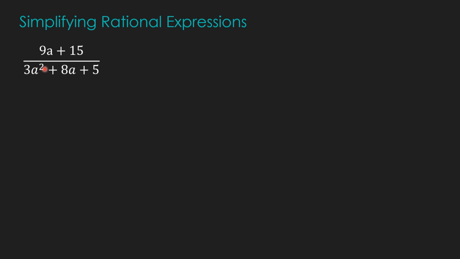So, we go to our final example, and we have here 9a plus 15 over 3a squared plus 8a plus 5. So, this is now a numerator that is a binomial and a denominator that is a trinomial. So, again, the first step is always to identify the greatest common factor between the numerator and the denominator.